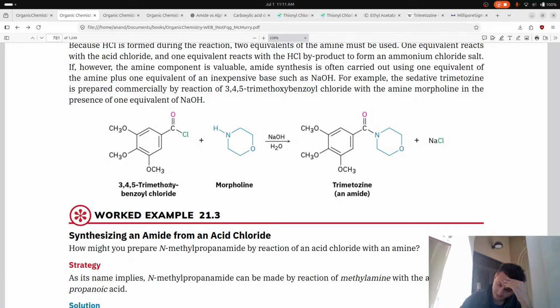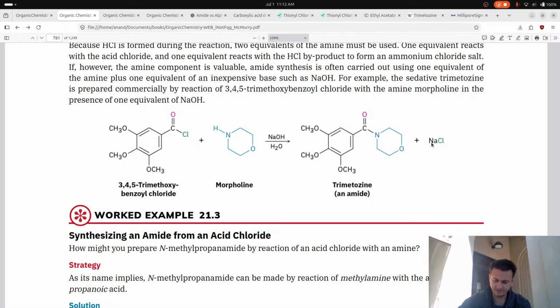Then we have this HCl, and the HCl reacts with another equivalent of, wait, NaCl.